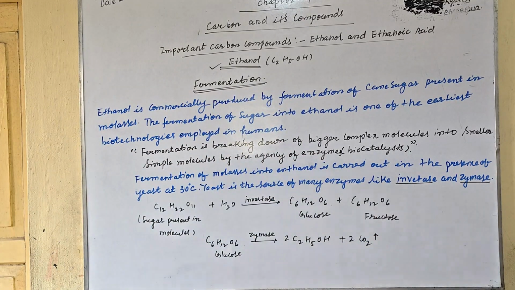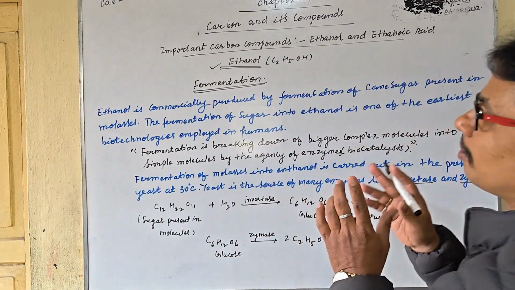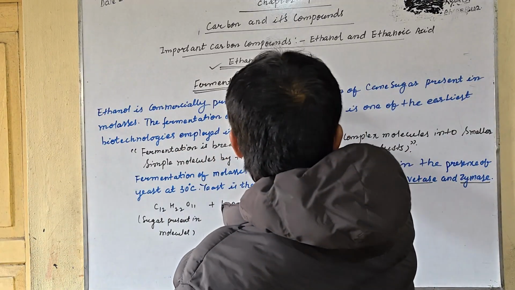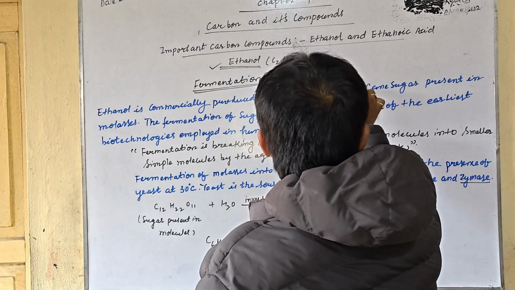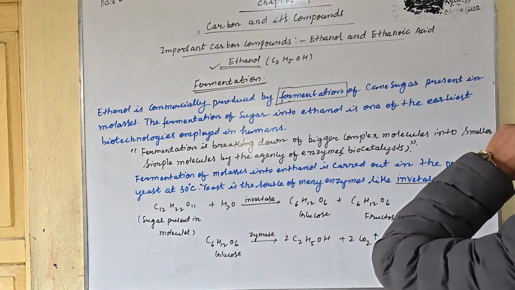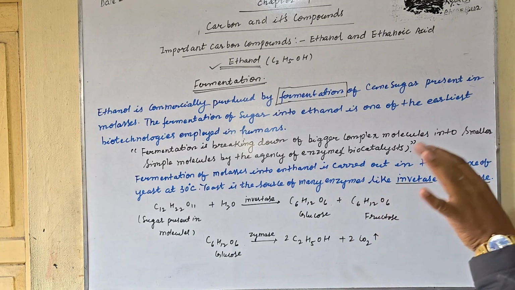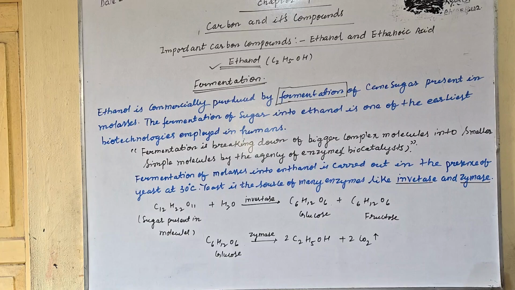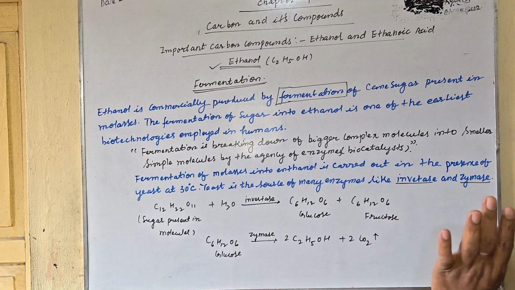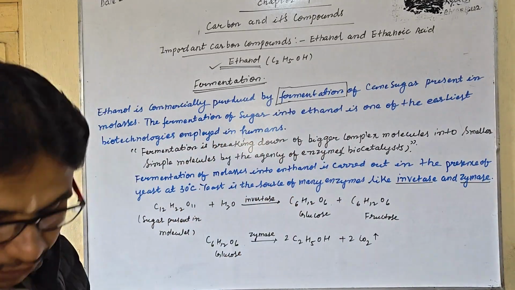So my dear student, let us understand fermentation in a clear way. Ethanol is commercially produced by the method of fermentation, by the fermentation of cane sugar present in molasses. The fermentation of sugar into ethanol is one of the earliest biotechnology processes employed by human beings. What is fermentation?